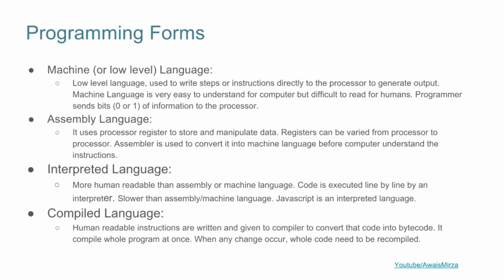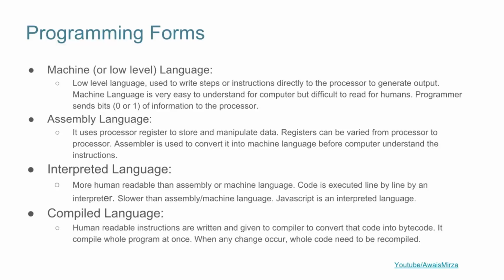Nowadays machine language doesn't get used because we are very conscious about our own language, so we want to learn and give information to the computer in our own language. So that's why the upper level languages were created. After machine language, the assembly language was created.